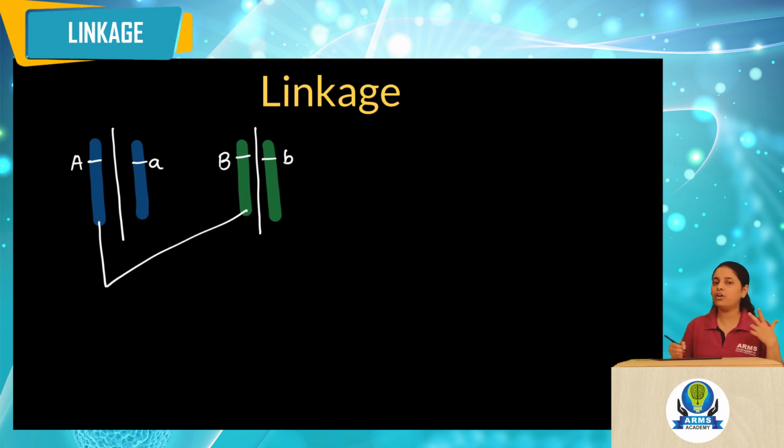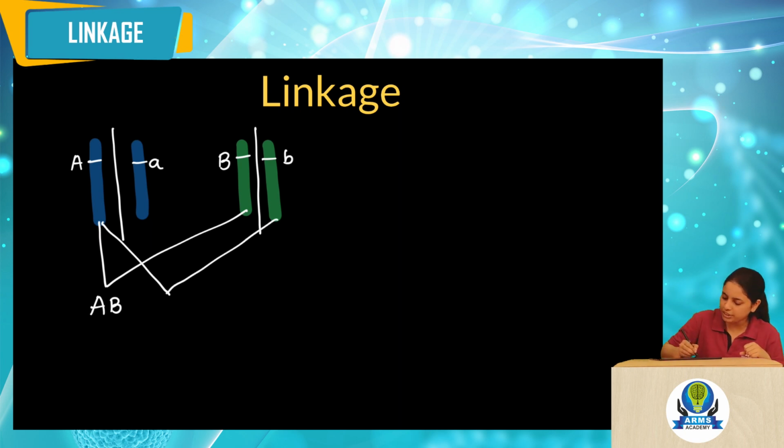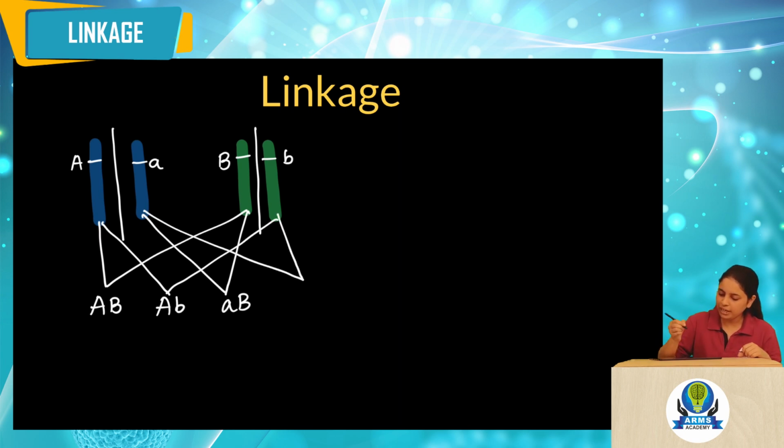Then we will have a combination capital A, capital B. If the first blue chromosome segregates with the second green chromosome, then we will have a combination capital A, small b. Similarly, if the second blue chromosome segregates with the first green chromosome, then we will have small a, capital B, and the last type of gamete will be small a, small b.